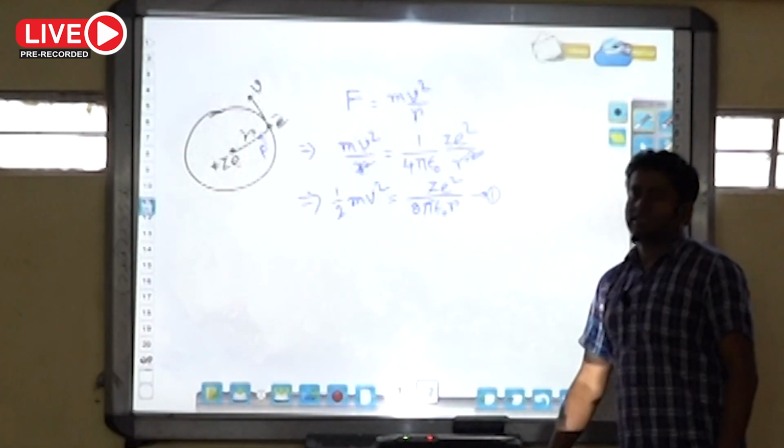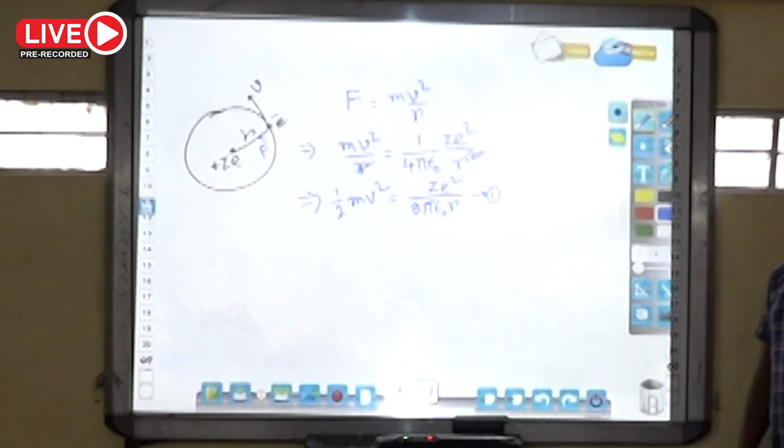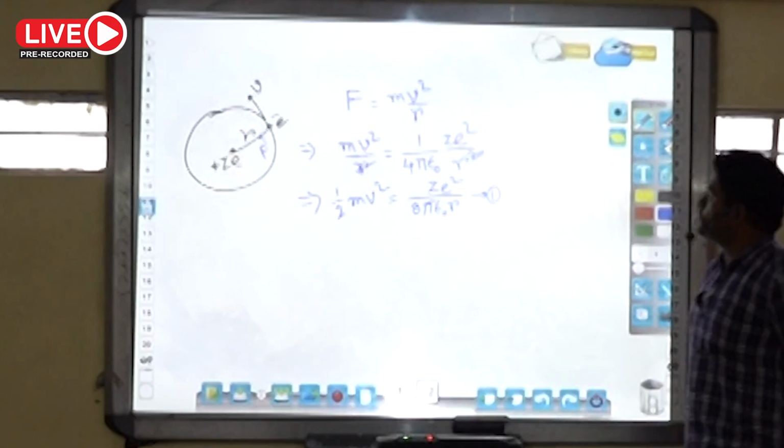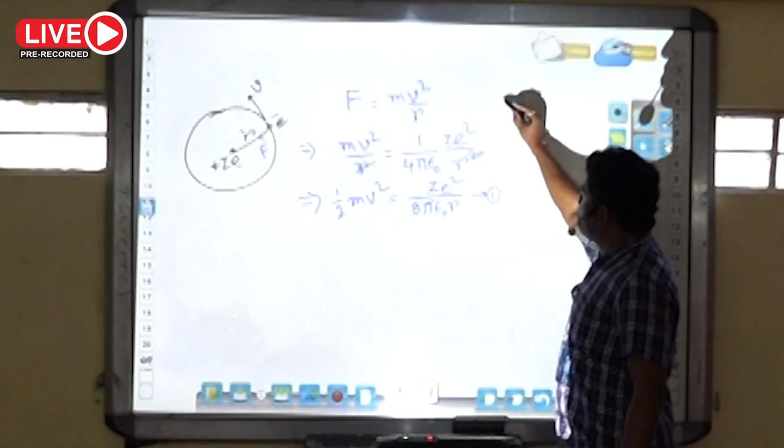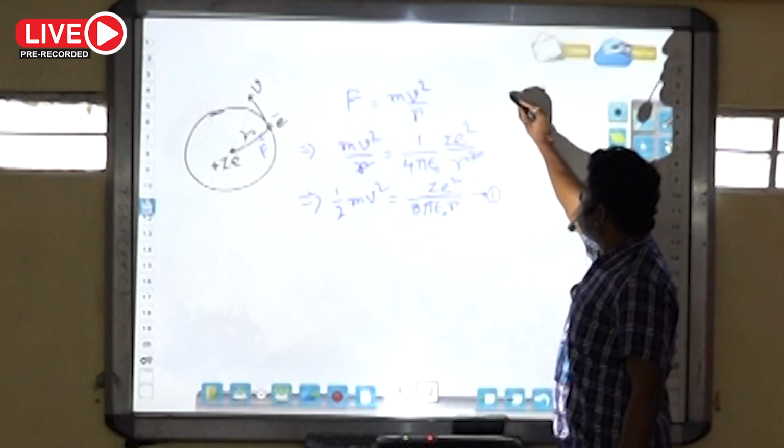Now we consider that electrons have some potential energy, electrostatic potential energy. So what is the amount of that electrostatic potential energy?